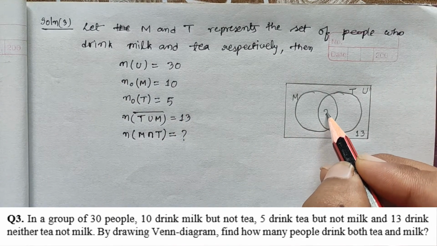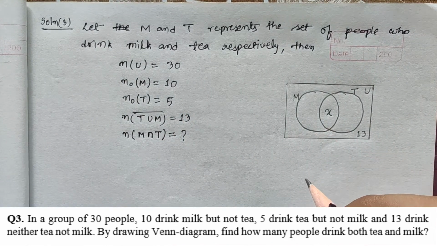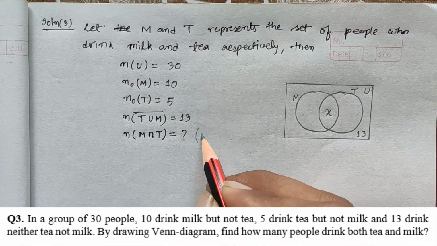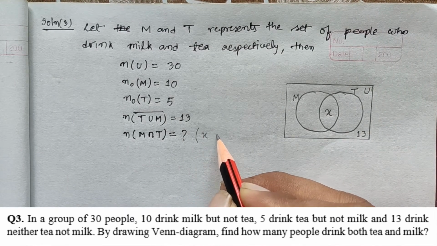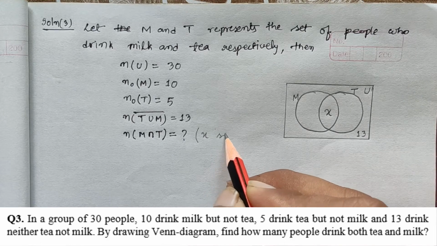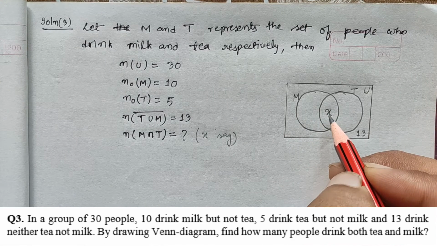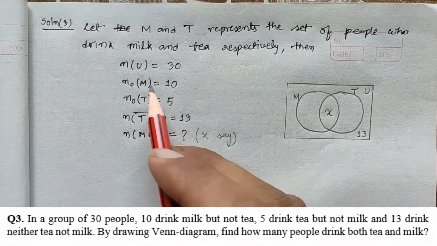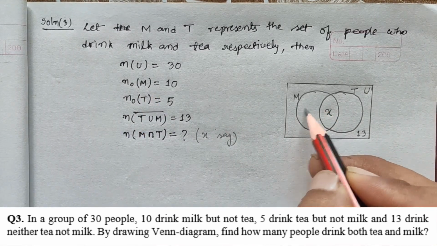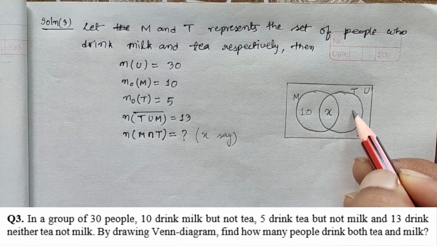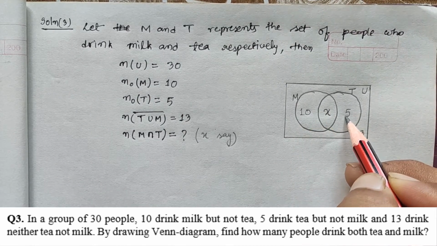The intersection is not given, so let the intersection part be X. Then n(only M) is given, this is the only M part, so it is 10, and the only T part is given, 5.